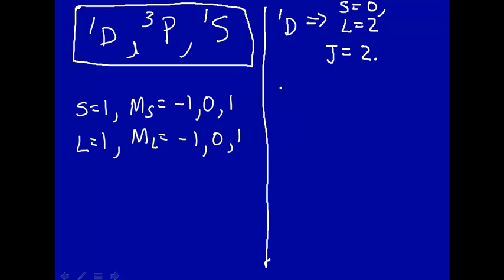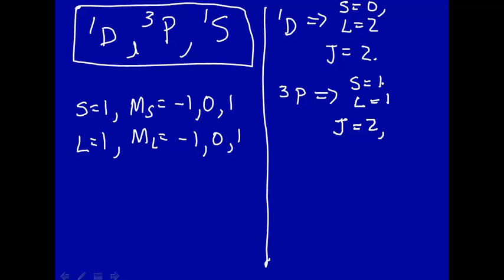Let's look at the triplet P. The triplet P means that S is equal to 1 and L is equal to 1. So this means that J can go from S plus L, 2, down to S minus L, which is 0, in integer steps: 2, 1, and 0.